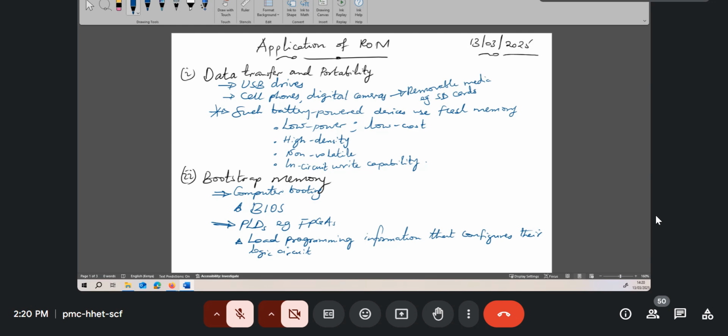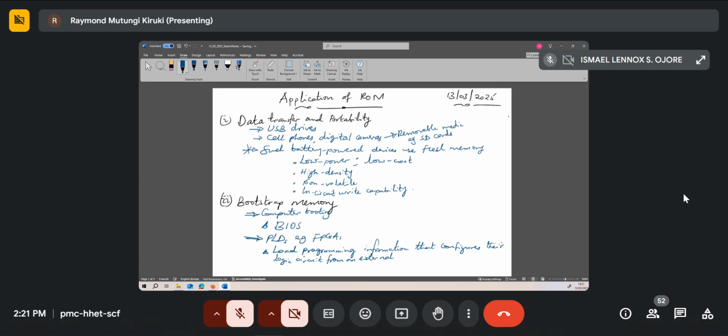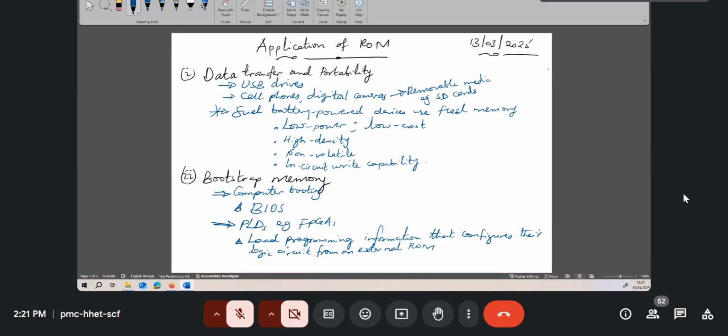So they will load that programming information from an external read-only memory into a random access memory area, which is inside the PLD, in this case inside the FPGA.